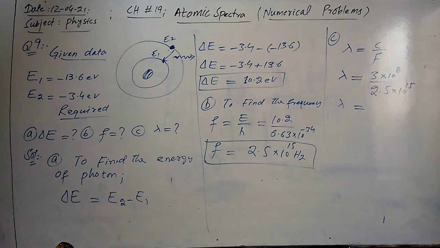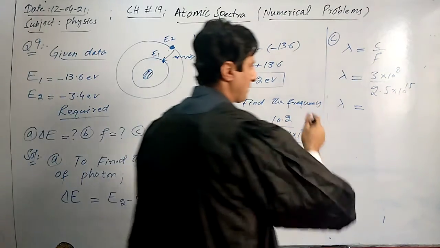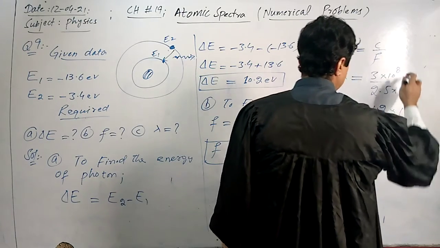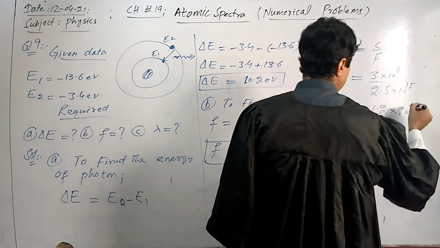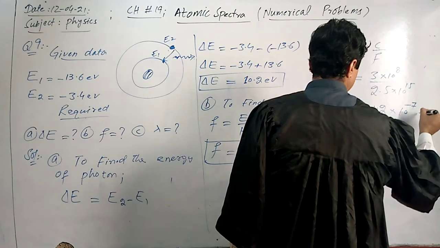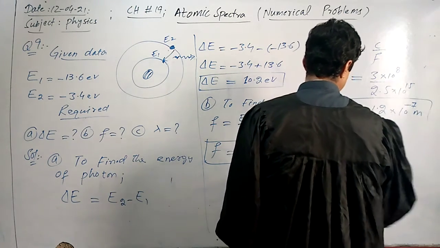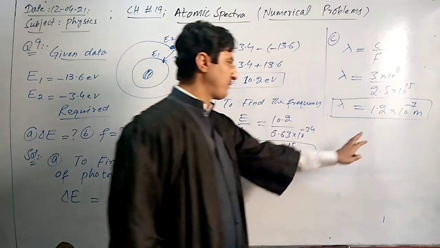We get 3 divided by 2.5, which is 1.2, multiplied 10 power minus 7, since 10 power 8 minus 15 becomes minus 7. So 10 power minus 7 meter. This will be the required wavelength.